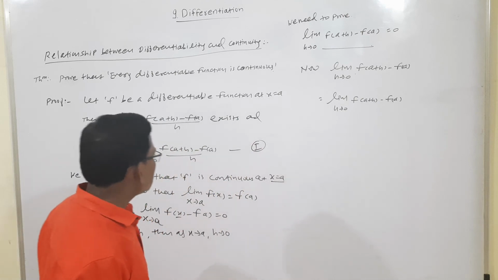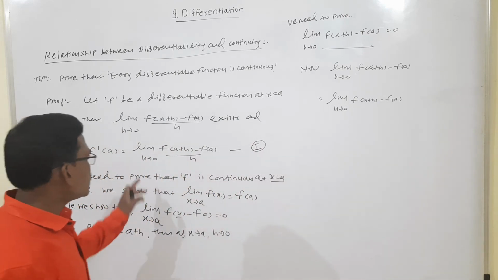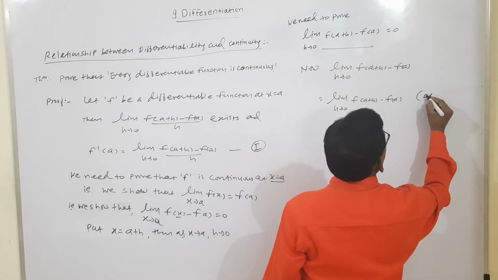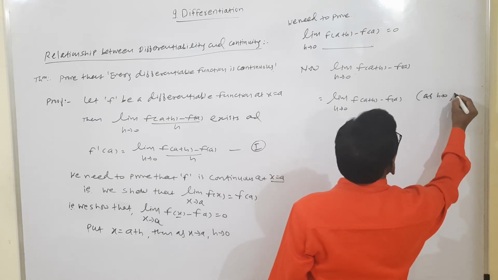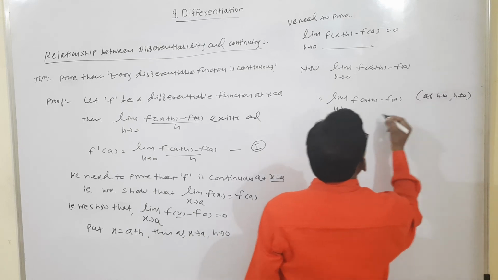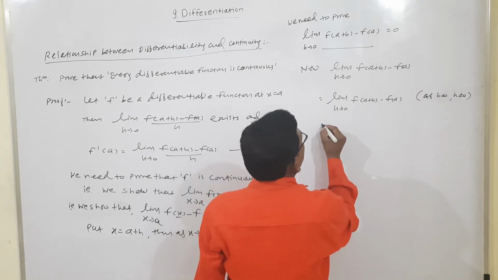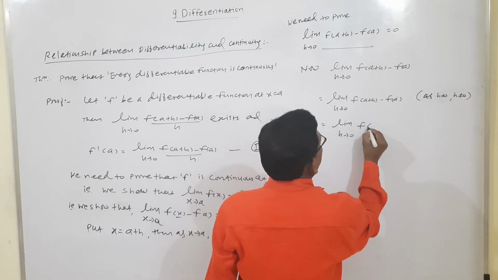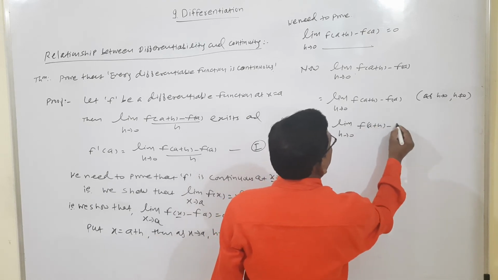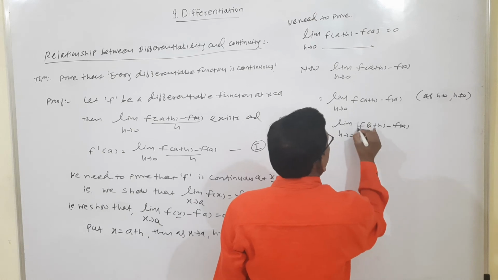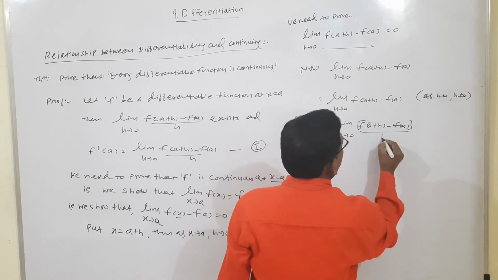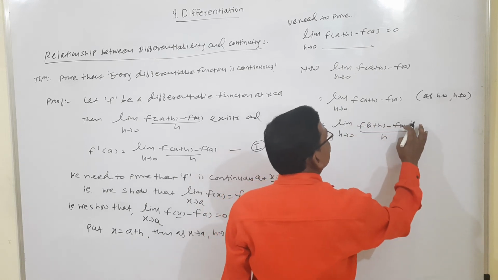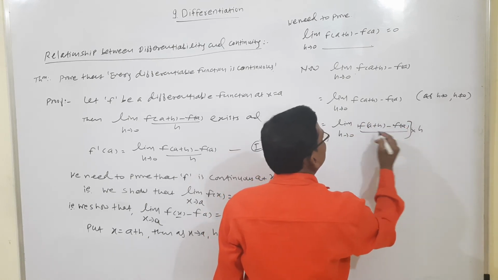As h tends to 0, h is not equal to 0, so we divide and multiply by h.